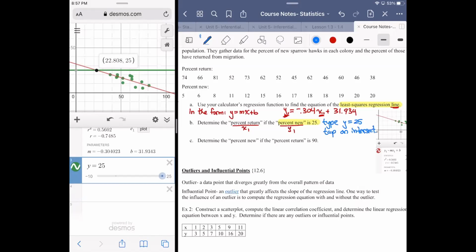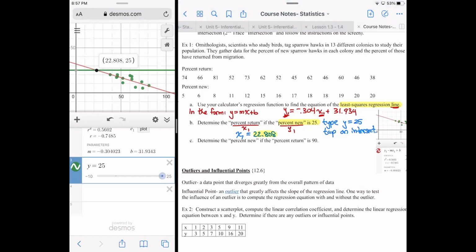What we get here is a coordinate: 22.805, 25. That's an x value and a y value, and we're looking for an x value. So we get the conclusion that x1 is going to be equal to 22.805808. And so that's the answer.